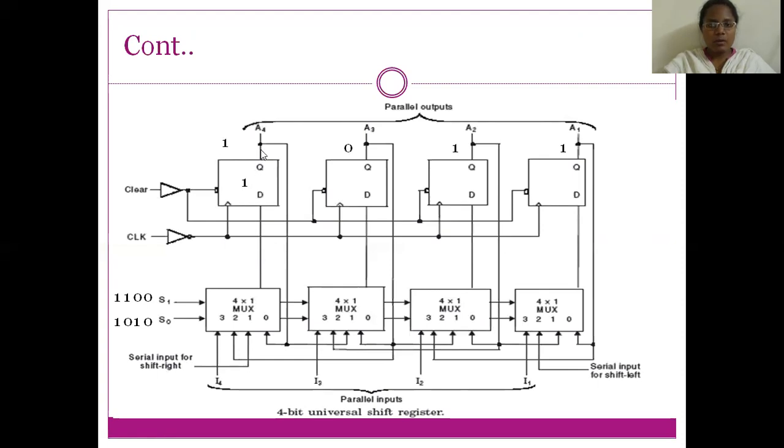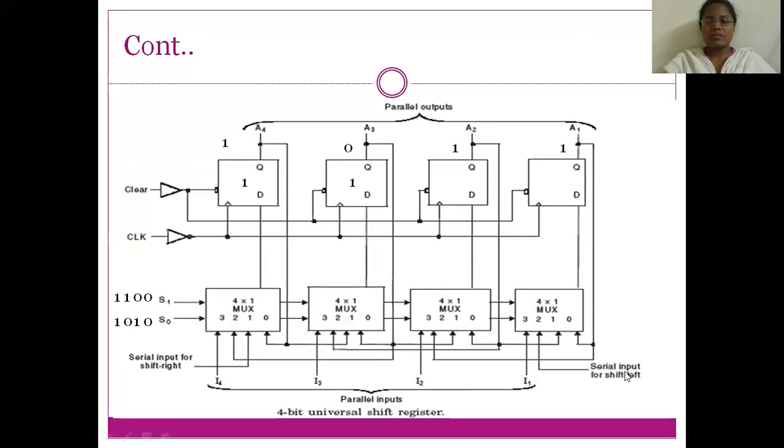Now this output again will go to the next mux, that is here, and it will go to the output and be stored here. So we'll be getting 1 again. That means this one is shifted to here. So that is the right shift operation.